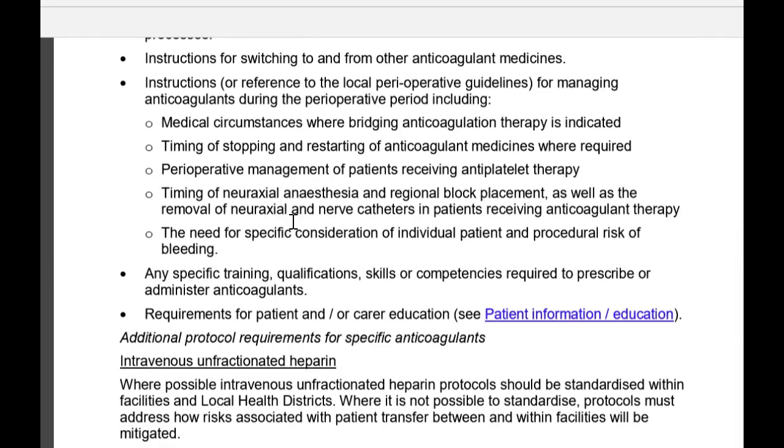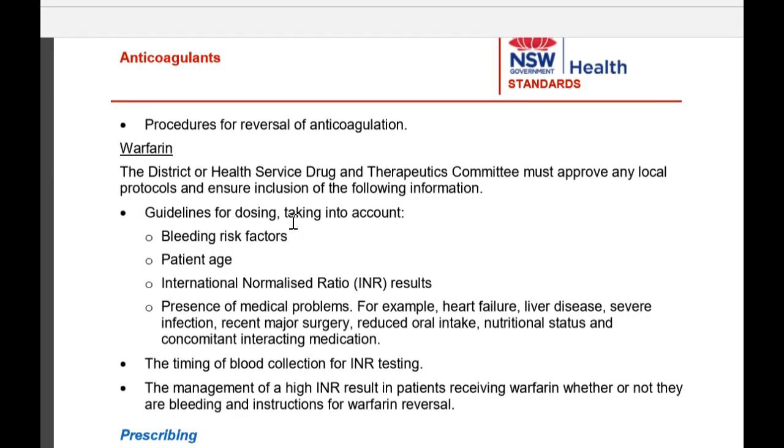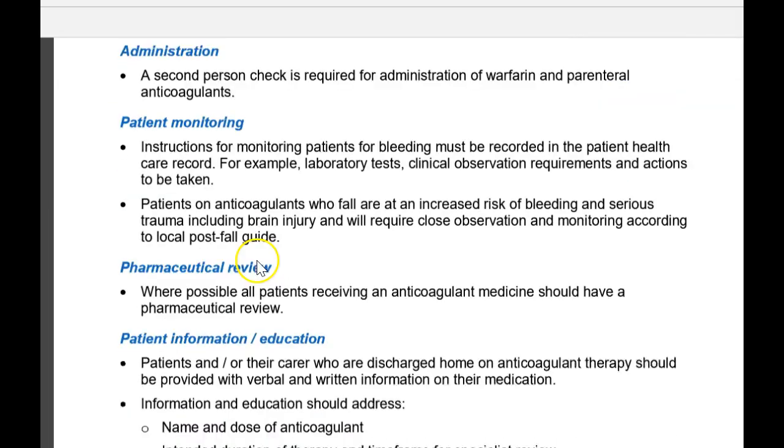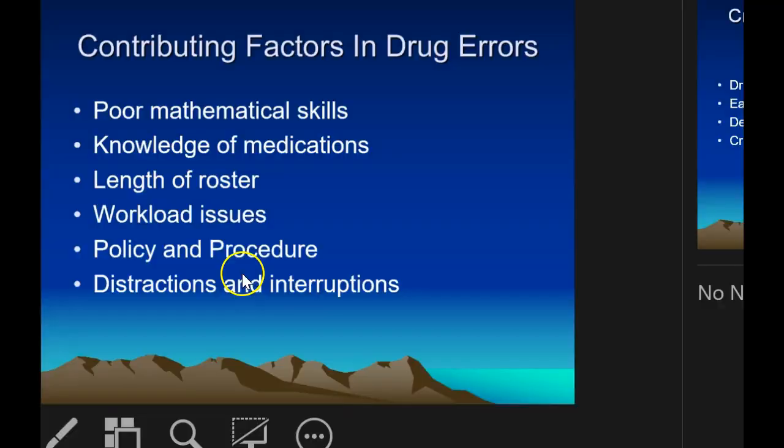So the Clinical Excellence Commission get notification, they amalgamate all that information, and that informs their policy. So I just wanted to highlight that document for you while we're on the area of high risk drugs.